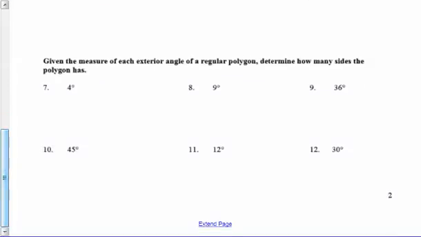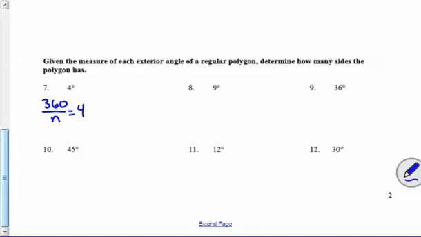On these examples, we're looking at measures of each exterior angle of a regular polygon and trying to figure out how many sides the polygon has. So if the exterior angle is 4, what I did was I divided 360 by the number of sides, and I got the exterior angle.